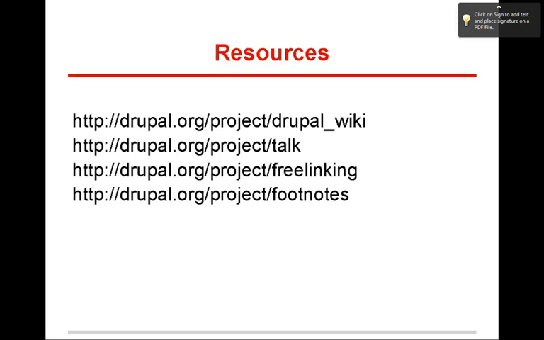So in the grand scheme of things, you've got your site that you created, your Drupal site, and then all of a sudden you decide you want to have wiki functionality. Does that mean you have to start two instances of Drupal? No. There's a couple different ways you could do it.